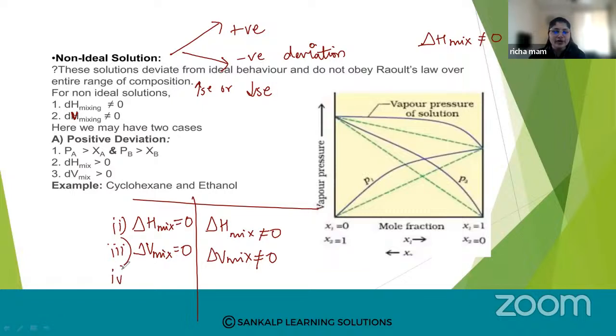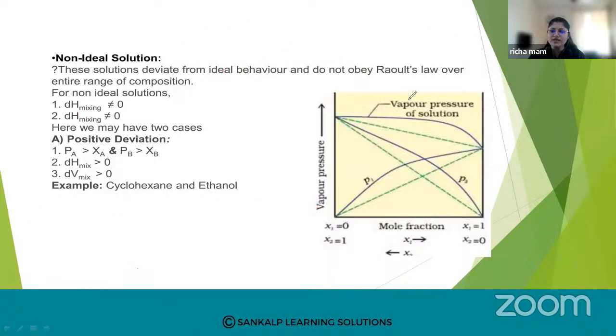Then the fourth point can be interactions: A-A interactions equal B-B interactions equal A-B interactions in ideal. In non-ideal, the A-A and B-B interactions are not equal to the A-B interaction. So these are the major differences.